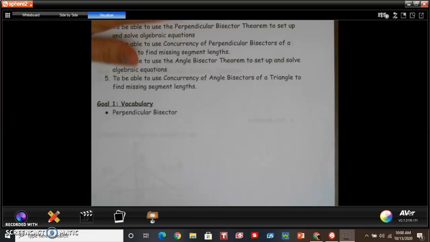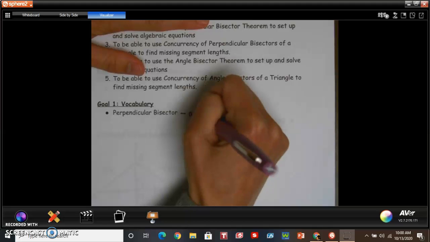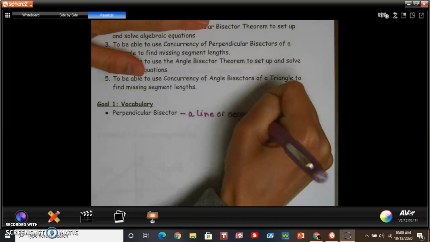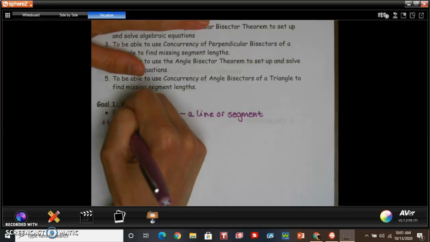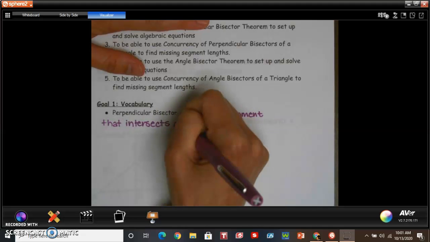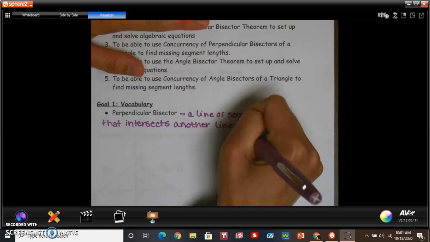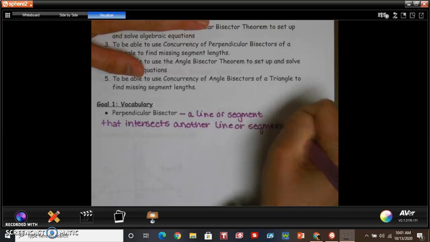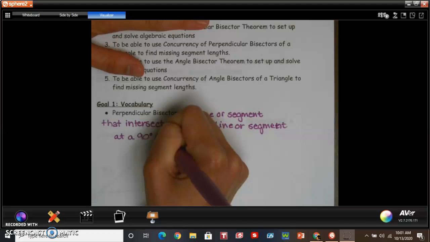So what a perpendicular bisector is, it is a line or segment that intersects another line or segment at a 90-degree angle at its midpoint.